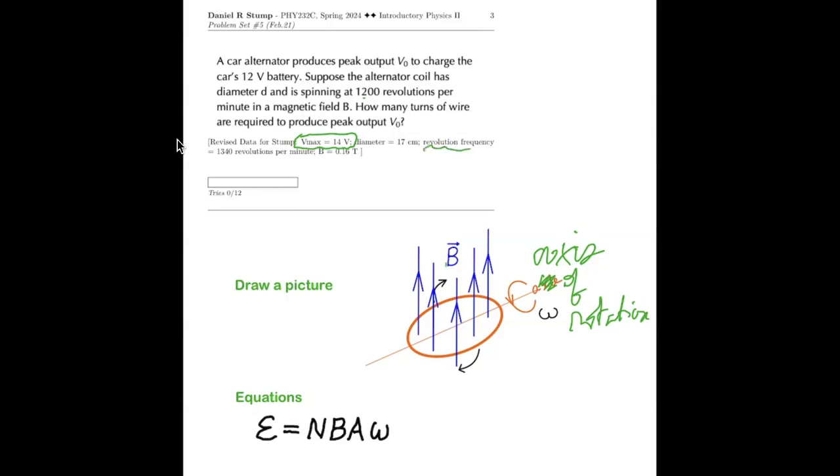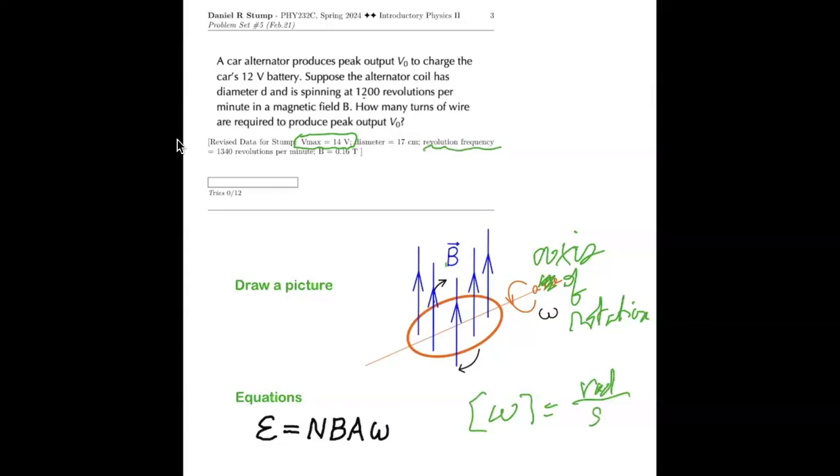So they give you the revolution frequency here in revolutions per minute. You need to convert that into radians per second, because the unit of omega is radians per second.